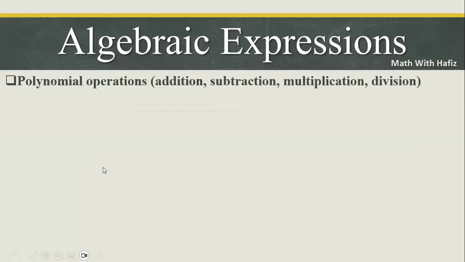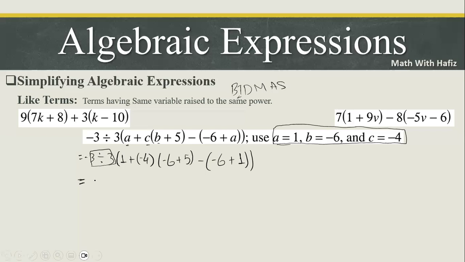So it is -3 divided by -3, it will be -1. Inside the brackets, is there anything to solve? No. First we have 1. Then +1 multiplied by minus, it will be -4. Then bracket -6 plus 5, it will be -1. Minus as it is, -6 plus 1, it will be -5.